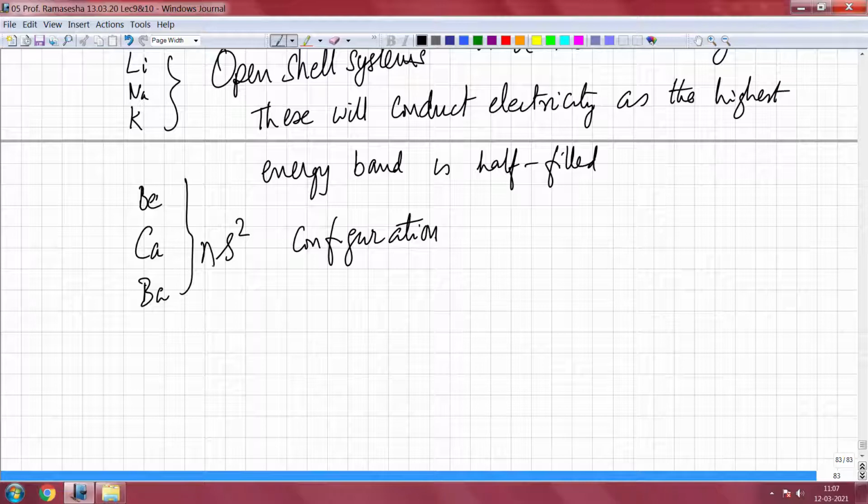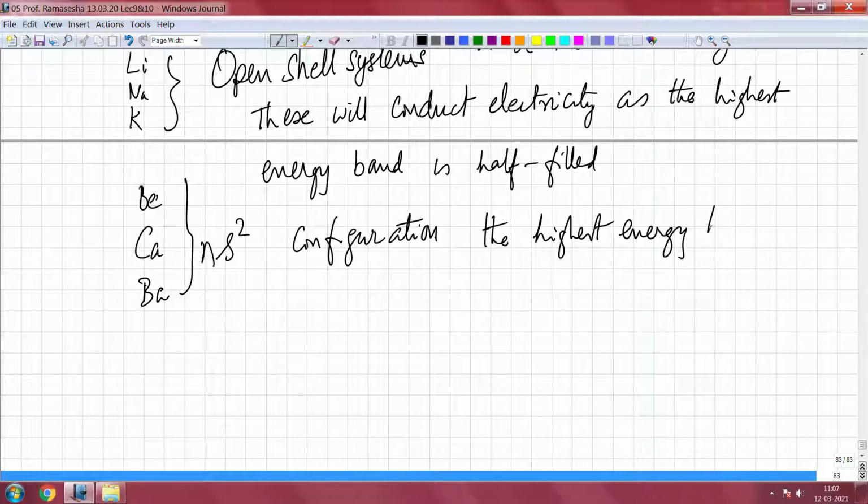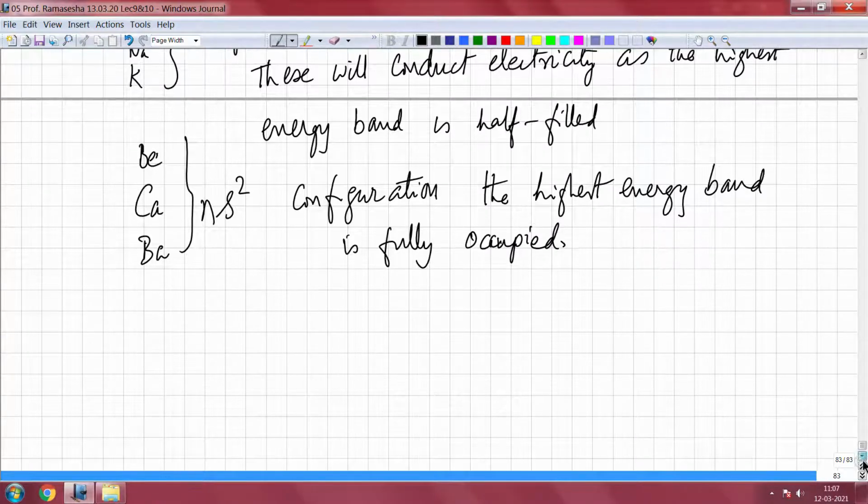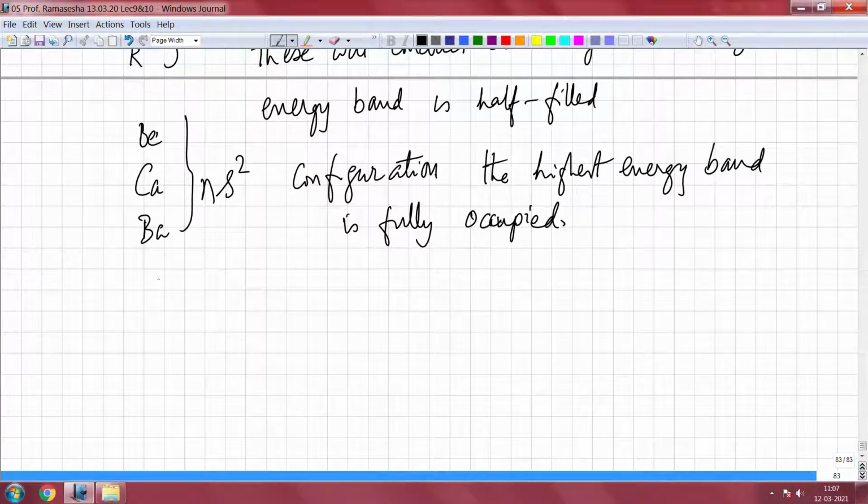Which means that the highest energy band is fully occupied. It appears like that. But nonetheless, these are metallic. The reason why this happens is the following.